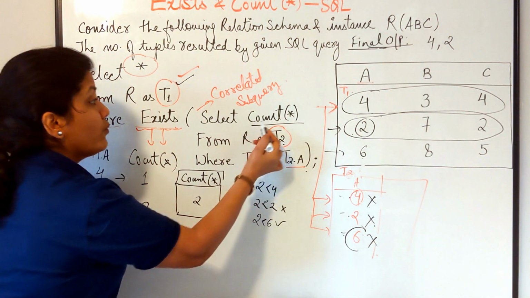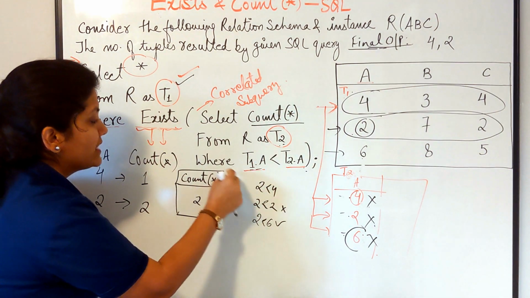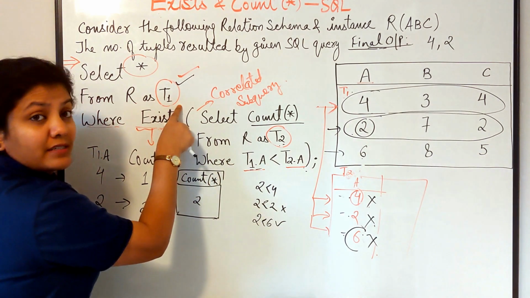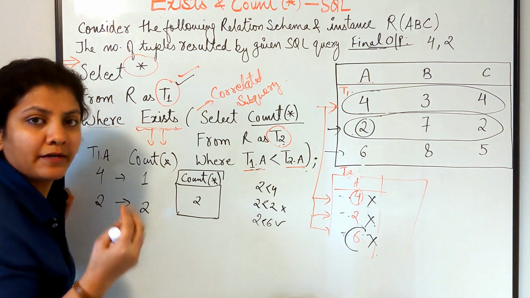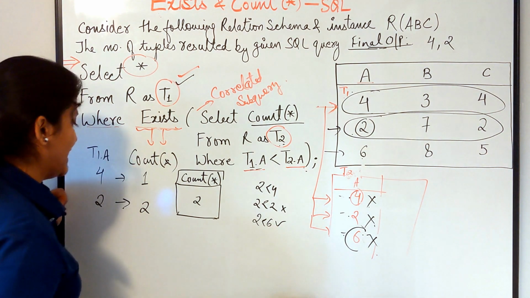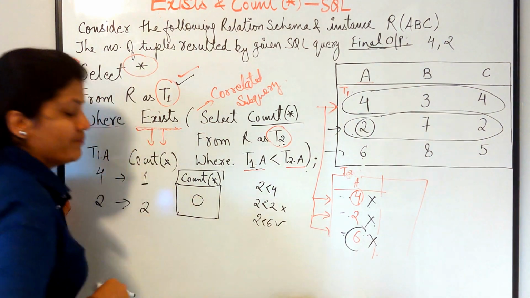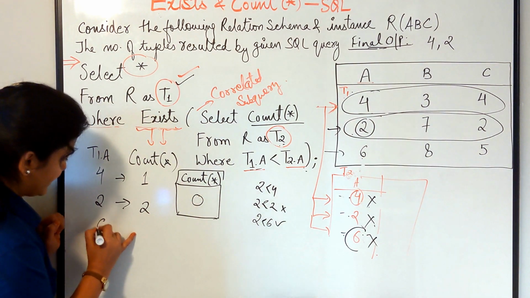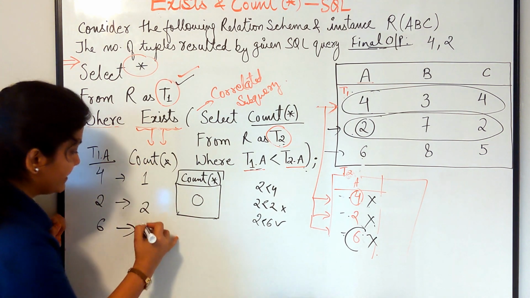And so what does the count star become? Count star says for T1 as 6, none of the tuples of T2 has been selected. So count star says 0.